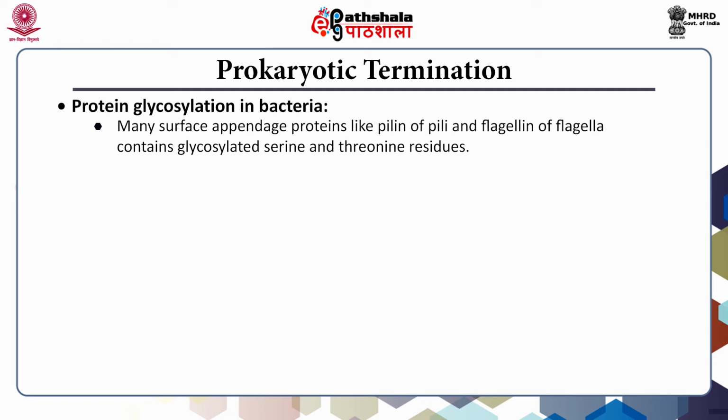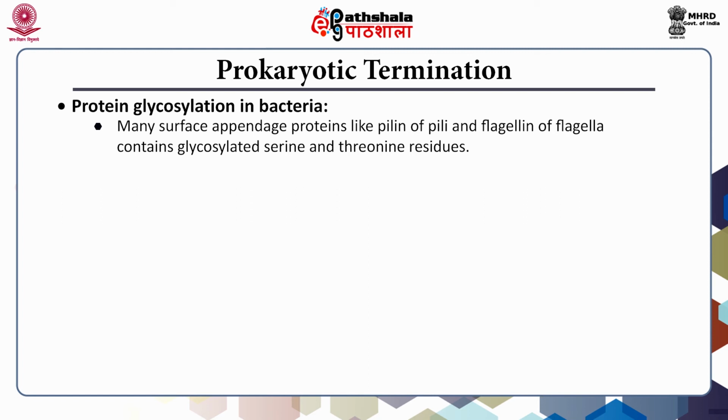The process has been described in both gram-positive and gram-negative bacteria and may play an important role in adhesion, stabilization of the proteins against proteolysis, as well as evasion of host immune system. The commonly glycosylated amino acid residues include serine and threonine residues which are O-glycosylated and asparagine residues which are N-glycosylated.